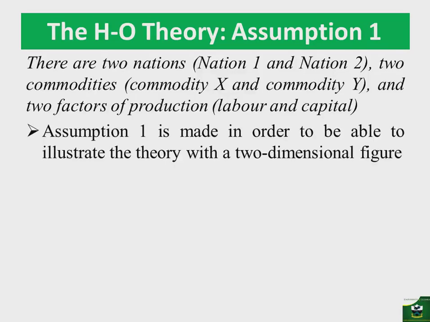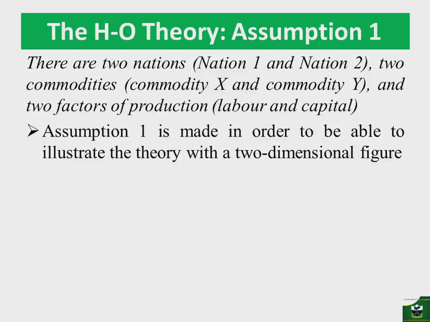That is, if we have a lot of nations, a lot of commodities, and a lot of factors of production, we may not be able to tell the true direction of trade and what would be the basis for such factor intensities. Therefore, we want to keep the analysis simple and only focus on two nations, two commodities, and two factors of production.